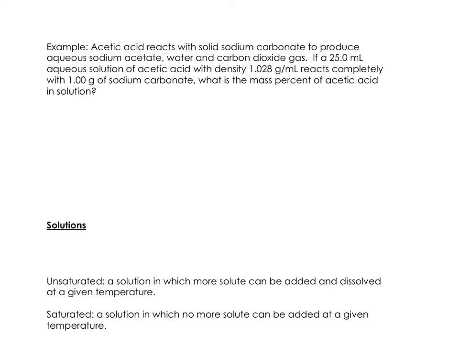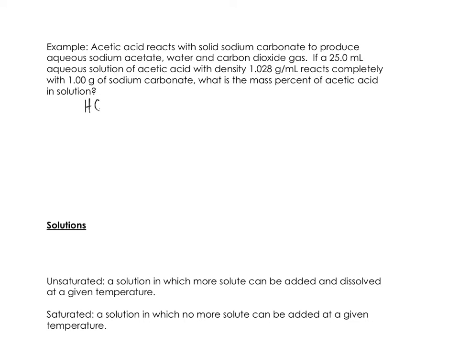So let's do one more practice problem before we end this video. So I have acetic acid reacts with solid sodium carbonate to produce aqueous sodium acetate, water, and carbon dioxide. All right, so the first thing I need to do is balance the equation.